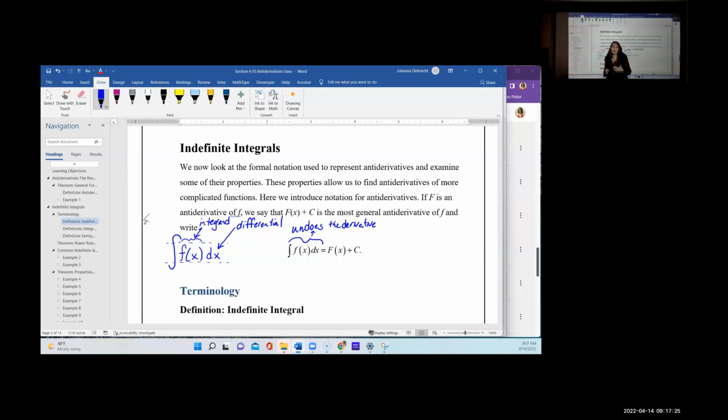When we're talking about multiplication, we have a multiplicand. When we're talking about division, we have a dividend. When we're talking about what's under a radical, we have a radicand. And when we're talking about what's inside the integral symbol, we have an integrand. So this symbol right here represents what's called the indefinite integral.